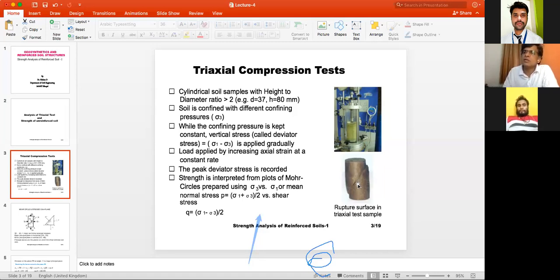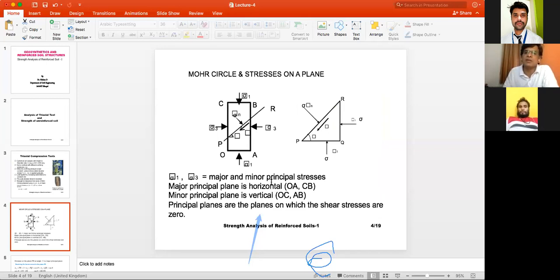If you do further analysis and draw the free body diagram of this sample, suppose BC is the diameter of the sample and AB is the height of the sample. Sigma 1 is the major principal stress and sigma 3 is the minor principal stress.